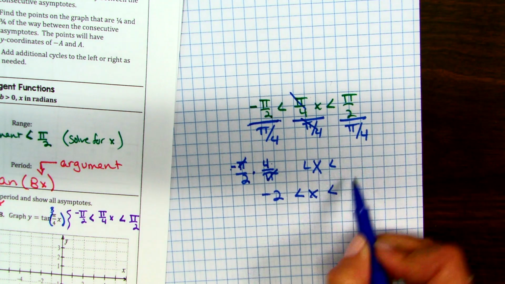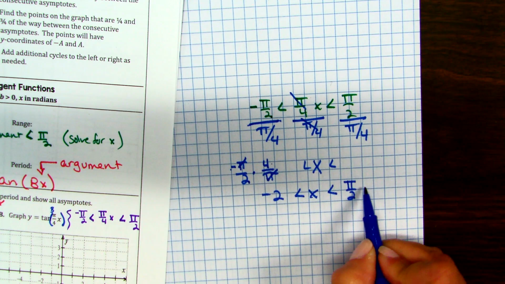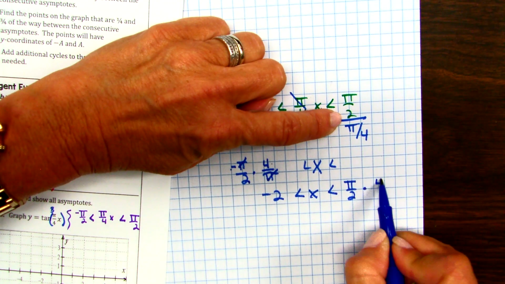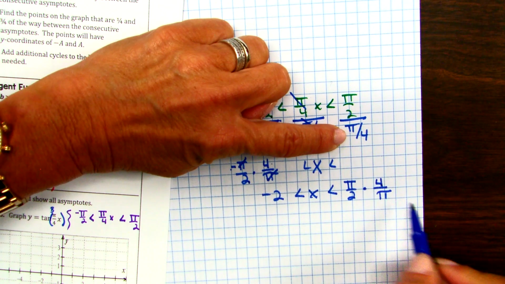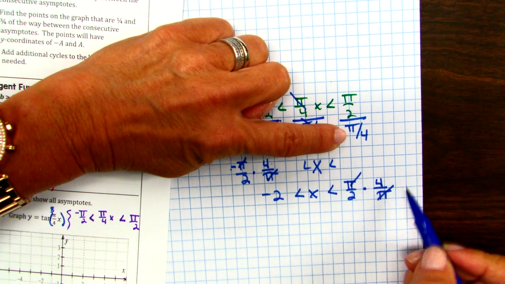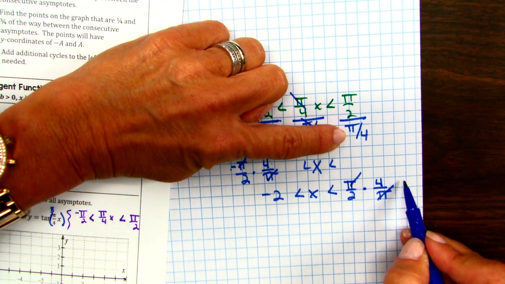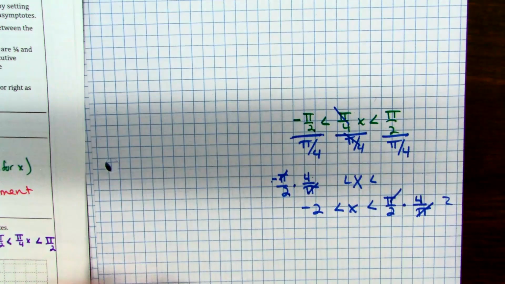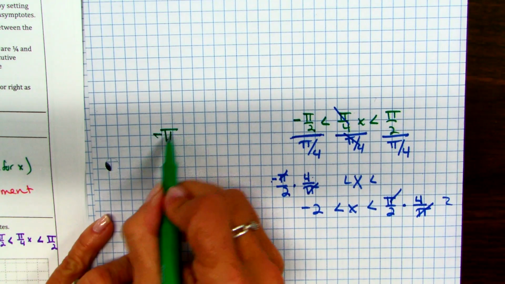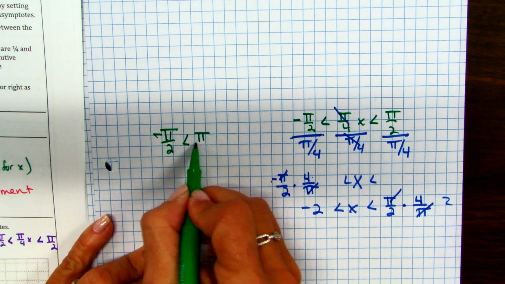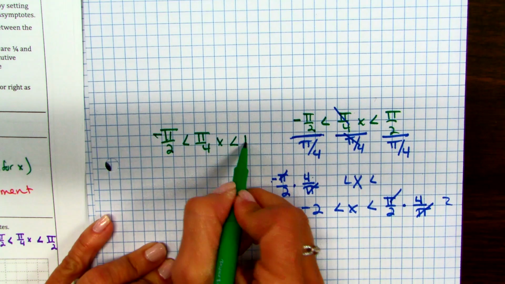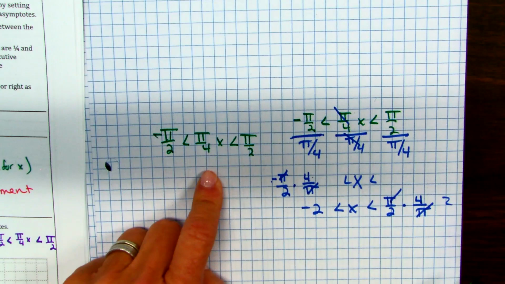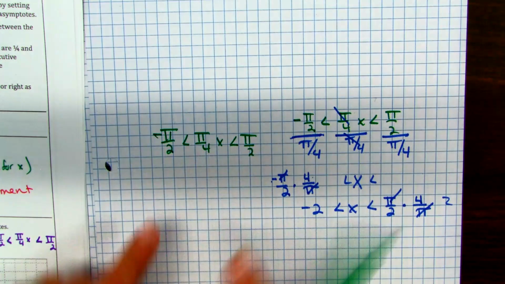Same thing over here. Keep the numerator, change division to times, flip the bottom fraction, and I get 4 over 2, which is 2. So I get negative 2 to 2. Well, instead of doing that in 2 steps, what am I actually doing as my math when I got my answer?